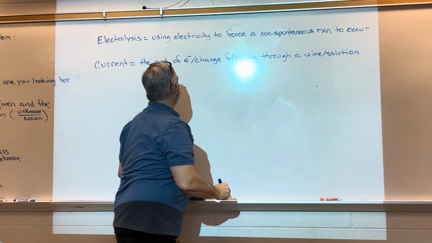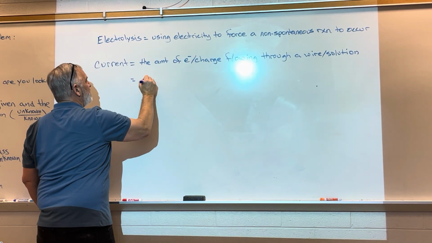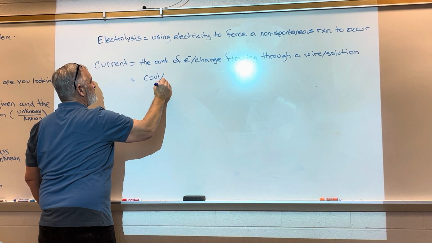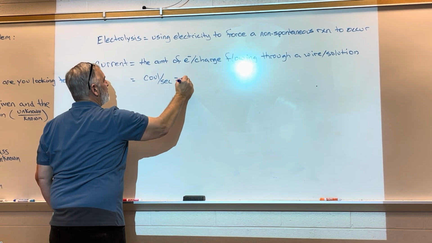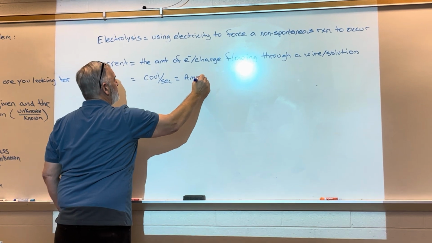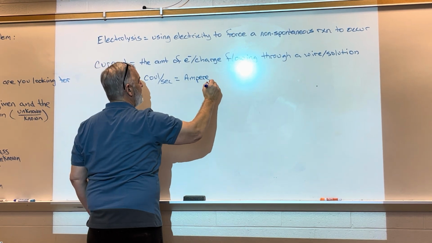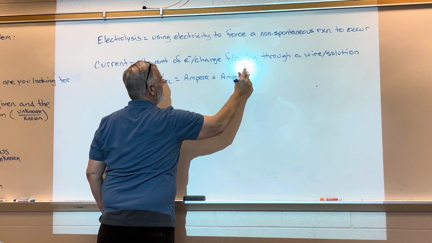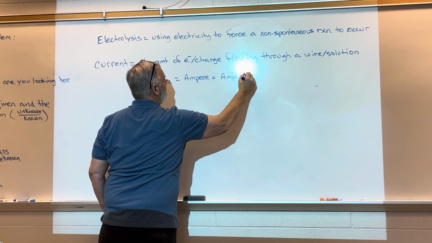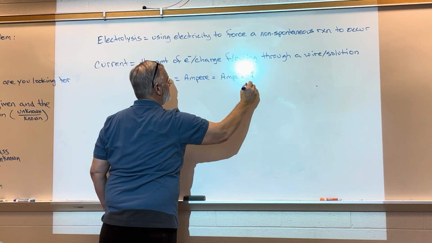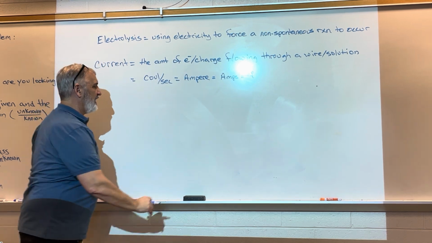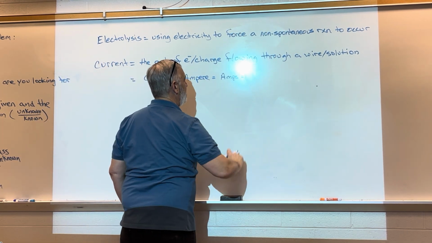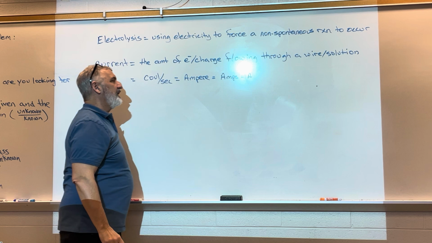It's measured in coulombs per second, which we call an ampere, abbreviated amps. And it's simply an A. A with a halo is an angstrom, so it's just an A.